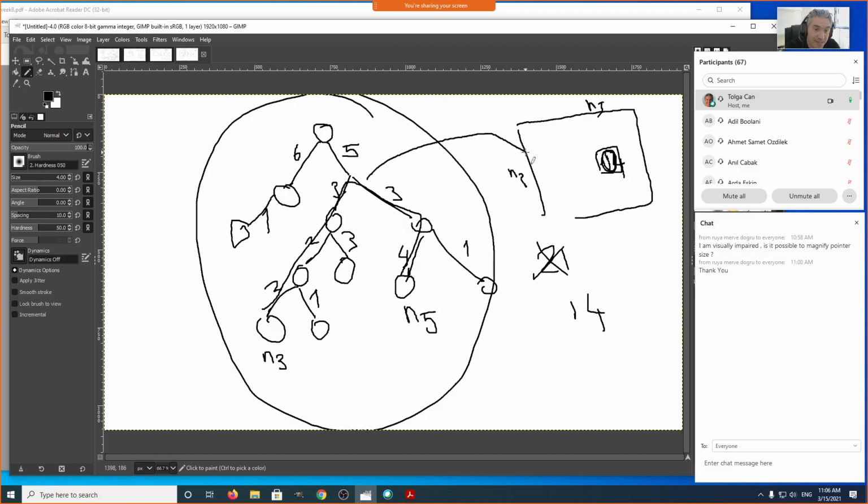it will be impossible. It can be proven that if the given input matrix is not additive, it's impossible to construct such a tree. So such a tree doesn't exist, because you can prove that the three path lengths on a binary tree like this follow the triangular inequality property.